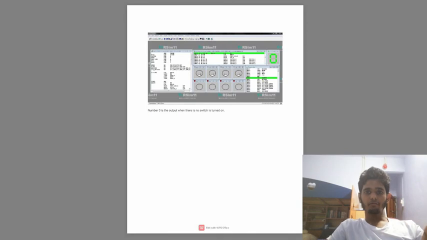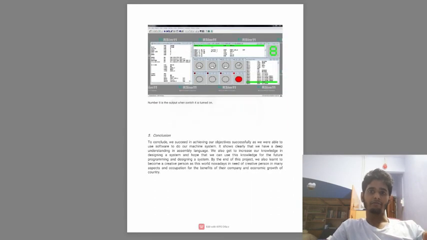Okay, to conclude, we succeeded in achieving our objectives as we were able to use the software in our machine system.